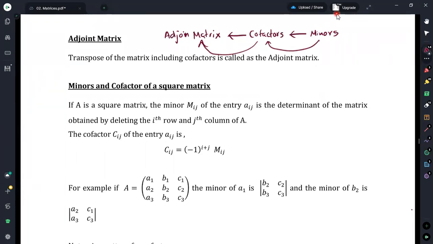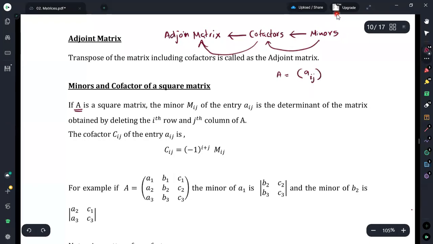Suppose that you are given a square matrix named A, and you consider its elements. Then we can write our square matrix A using the general form Aij. Here I is going from 1 to n and j is going from 1 to n.